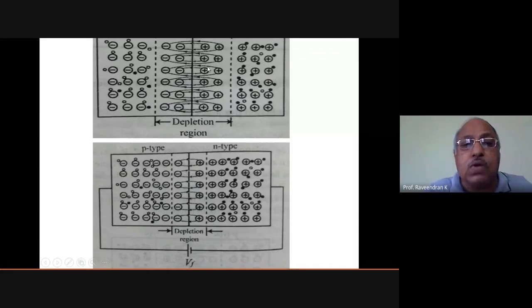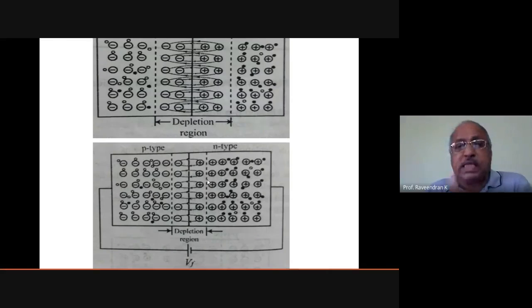Initially, when there is no voltage connected, this is the depletion region. But when the voltage source VF, or EF, is connected here, what happens? This electron hole recombination takes place. Effectively, the width of the depletion region gets reduced.